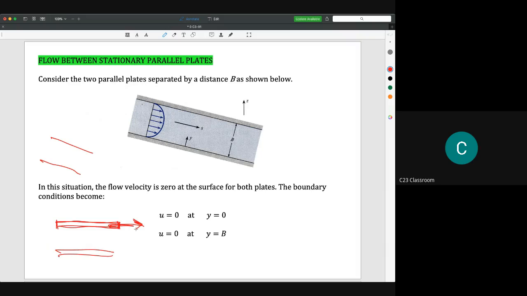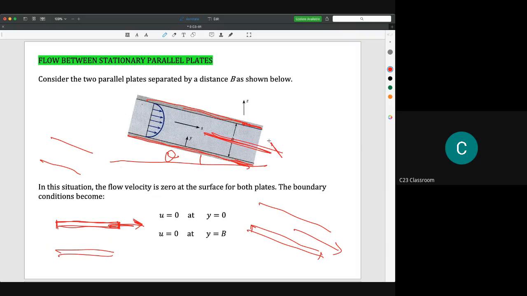The second one is we have an inclined plate, but we don't have any top plate, and the fluid will flow at a certain velocity. In the third situation, we have two plates, but the plates are fixed, not moving. Because we have a slope here, the fluid will flow at a certain velocity.